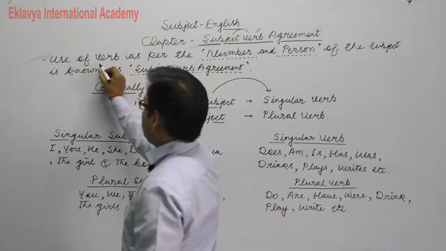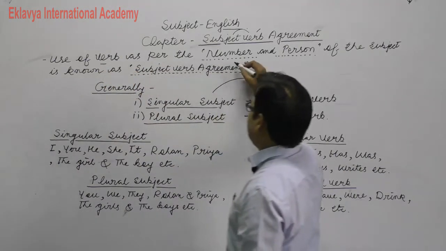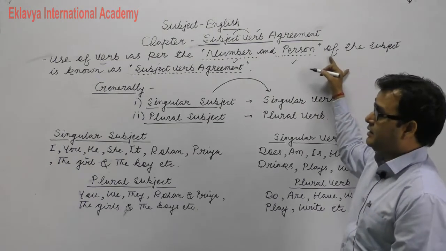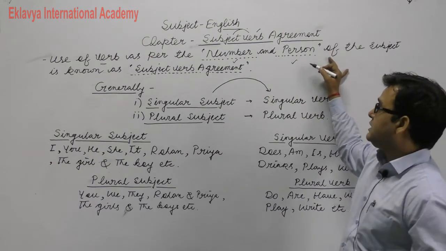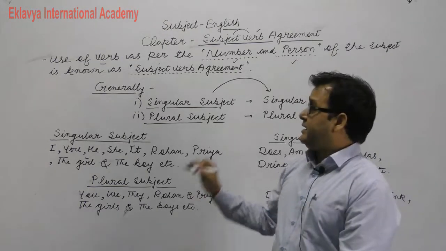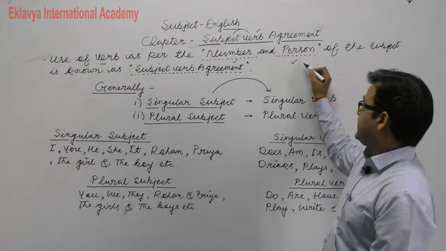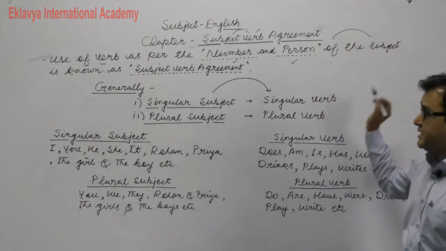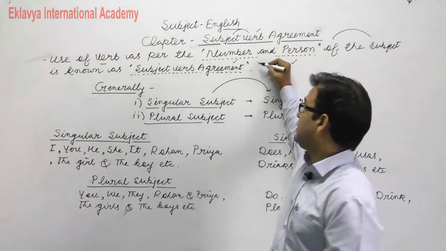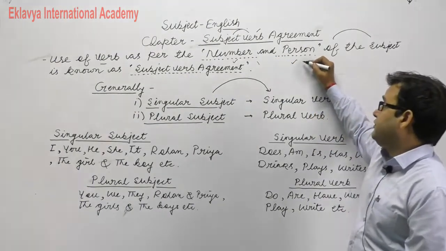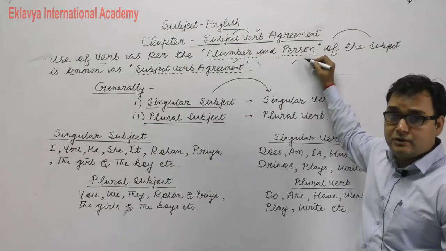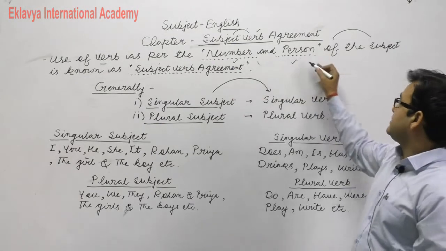Use of verb as per the number and person of the subject is known as subject verb agreement. कि verb का जो है number और person के हिसाब से, if the subject is singular, plural, and first person, second person and third person, the verb would be used as per the number and person of your subject.